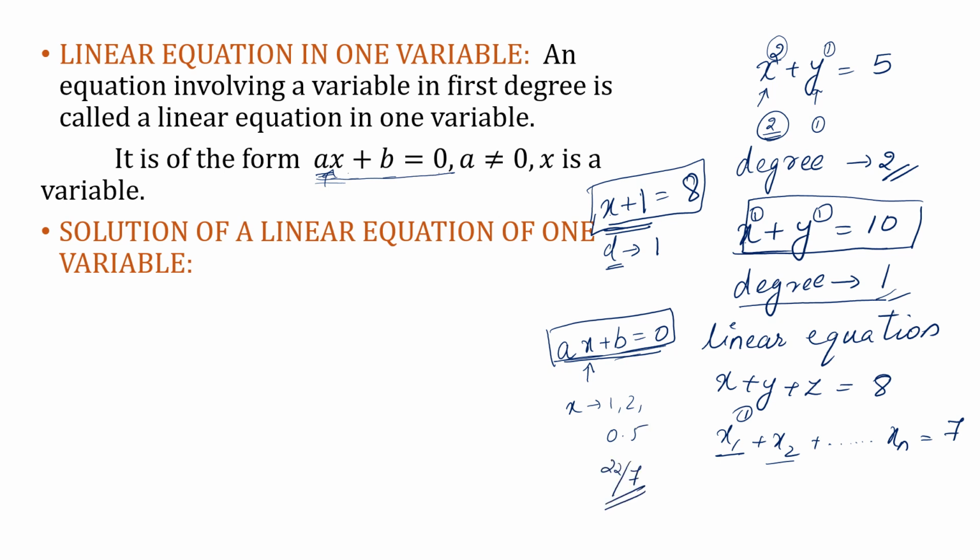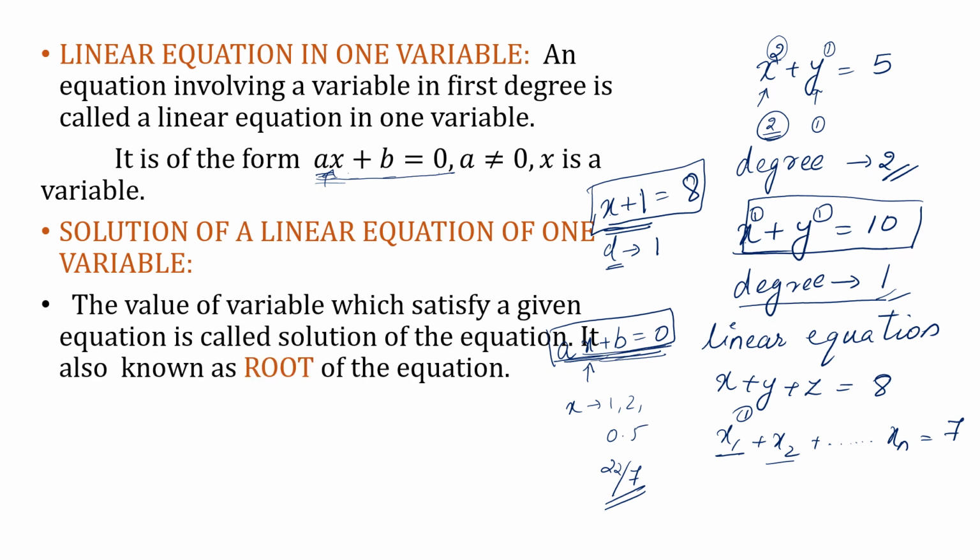Any value we can substitute, but it should satisfy the equation ax plus b is equal to 0. If any value satisfies that condition, then we call it a root of the equation, that is, the solution of the linear equation.